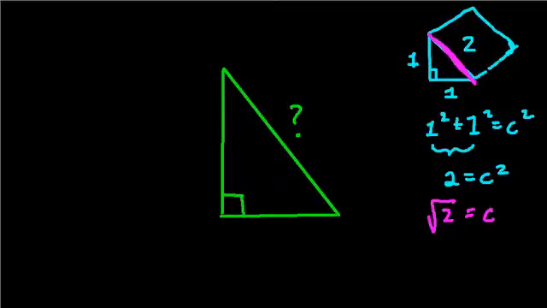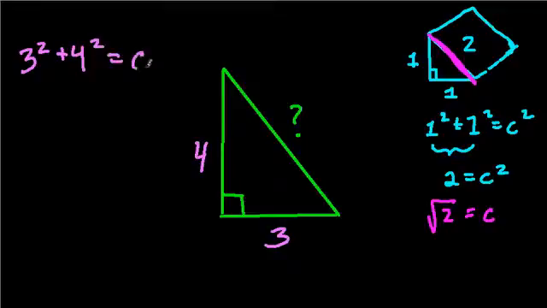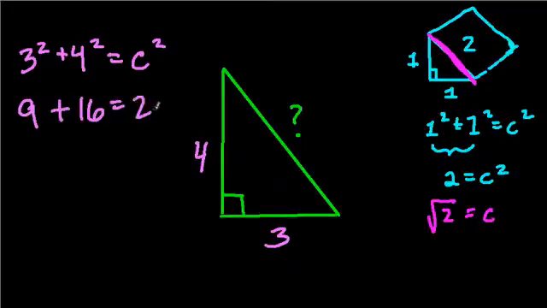The first triplet you probably come across, even if you haven't named it as such, is a 3, 4, well, the other side should be what? Using the Pythagorean theorem, we can say 3 squared plus 4 squared equals c squared. 3 squared is 9, 4 squared is 16. Add them up, we get 25.